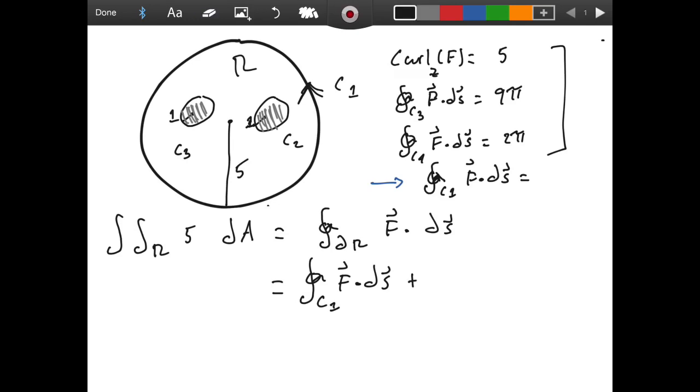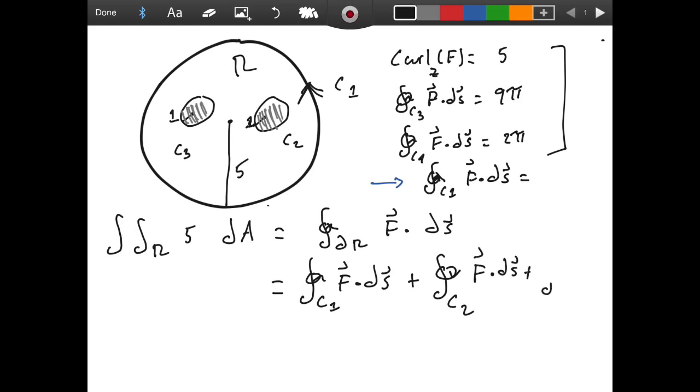Now we have to think about the integral around C3 and C2. Notice that the orientation of C1 is counterclockwise, but since C2 and C3 are inside the region, they have a different orientation. So this is going to be plus the integral over C1 has counterclockwise orientation because it is the outside boundary of R. C3 and C2 are the inside boundaries of R, and so they have clockwise orientation.